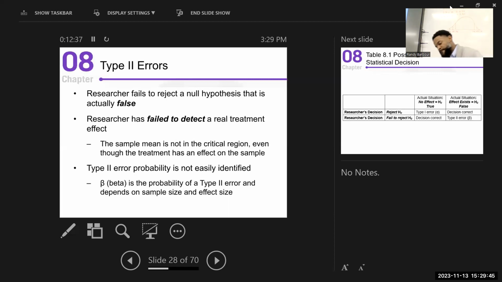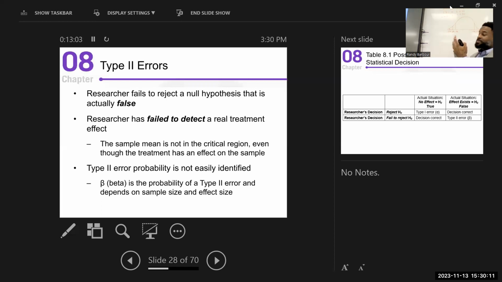Type 2 error says that you are failing to reject the null hypothesis when the null hypothesis is actually false. Meaning, I don't find a significant difference, but I should have found a significant difference, right? That means the researcher failed to detect a real treatment effect when there actually was a treatment effect.